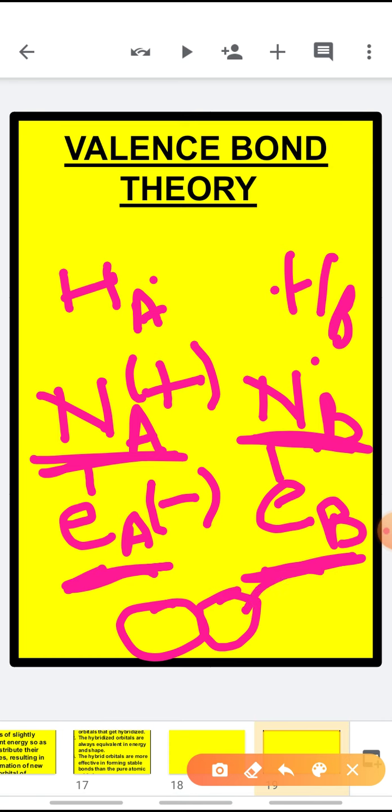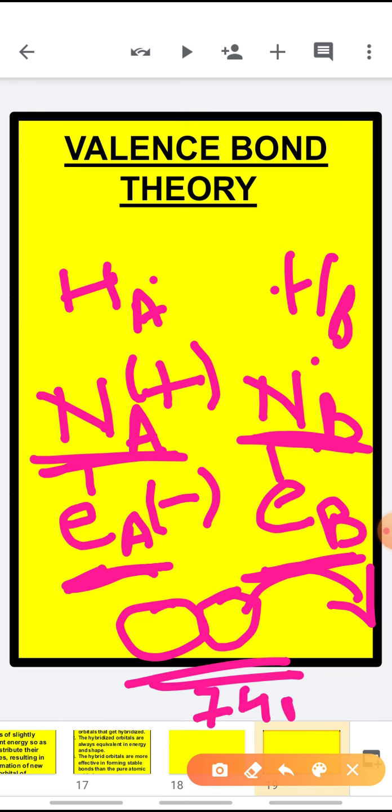Potential energy decreases means they give out energy, and ultimately a stage is reached where the net force of attraction balances the force of repulsion, and the system acquires the minimum energy. This state of minimum energy corresponds to maximum stability. At this stage, the two hydrogen atoms are said to be bonded together. There is a bond formation between the two atoms, the molecule becomes stable, and the bond length comes out to be 74 pm, which is experimentally determined.